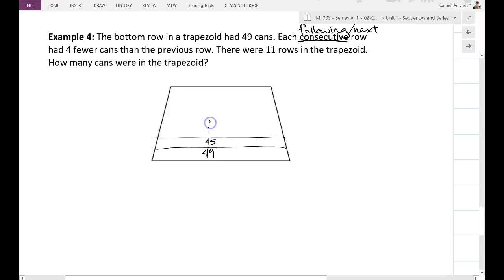All the way until we get to 11 rows. So 49 is going to be term 1. 45 is going to be term 2. That 4 fewer is going to be our d value. So those are some of our key pieces.